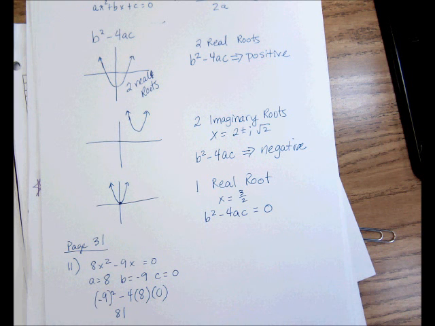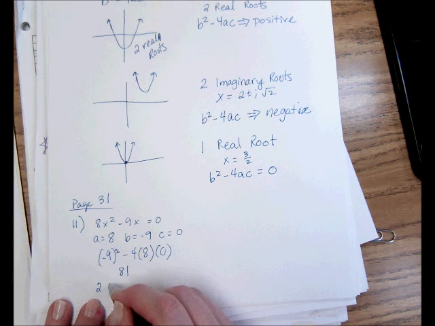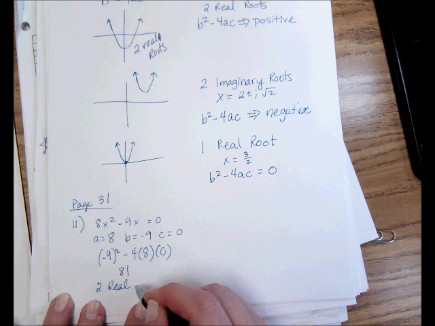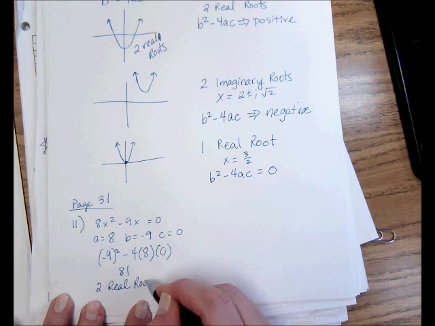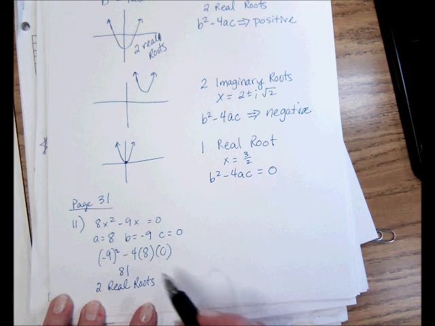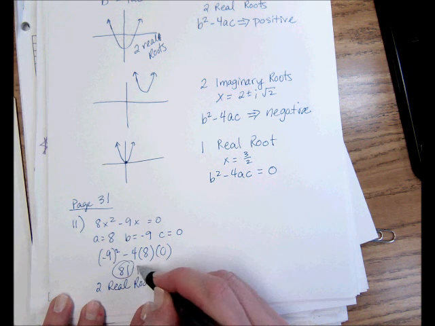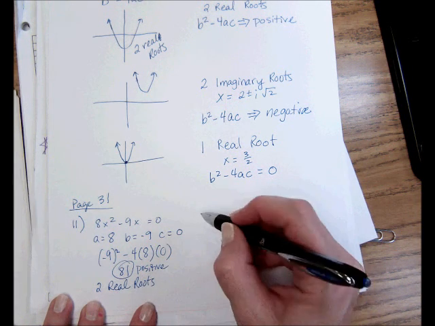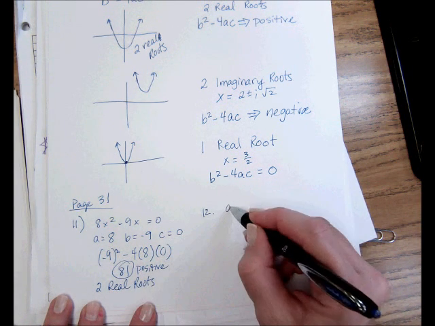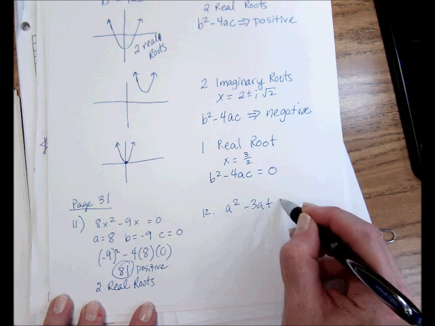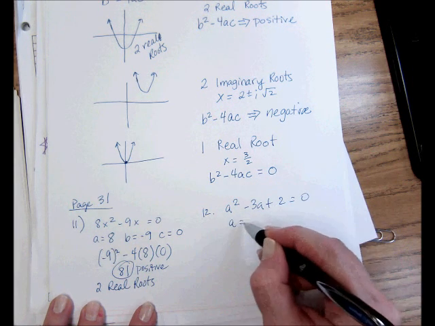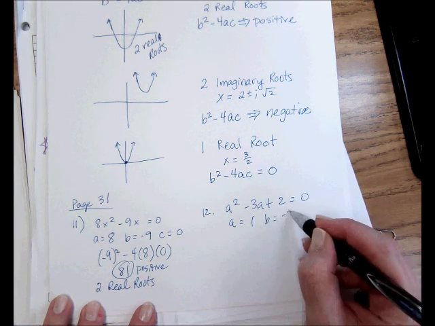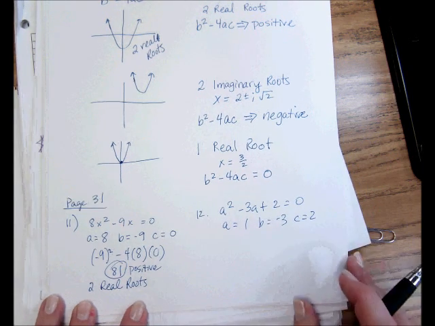My answer is positive. There are two real solutions, or real roots. That's how you would answer that: 81, it's positive, two real roots. If I look at number 12, I have a squared minus 3a plus 2 is equal to 0. a is equal to 1, b is equal to negative 3, and c is equal to 2.